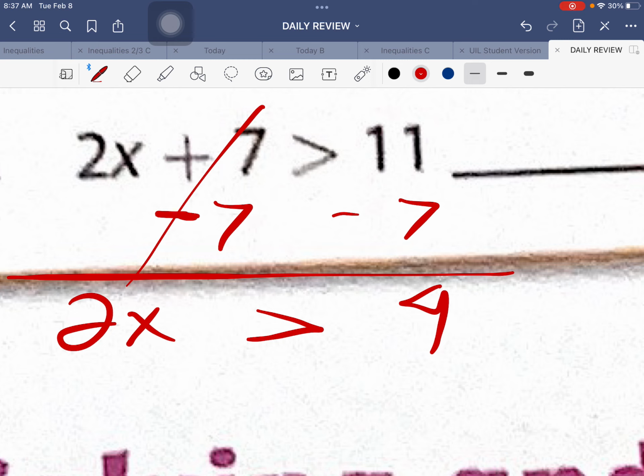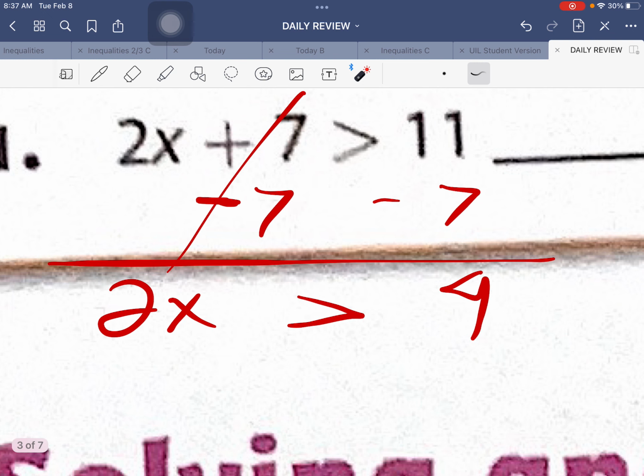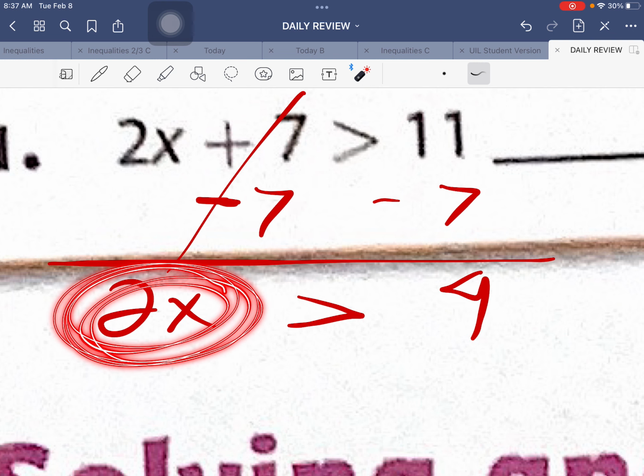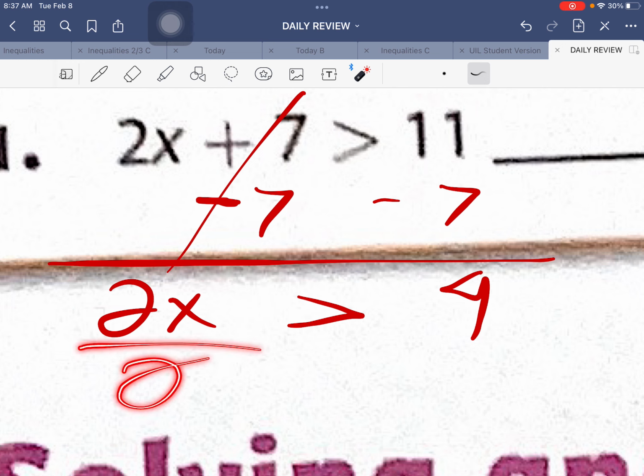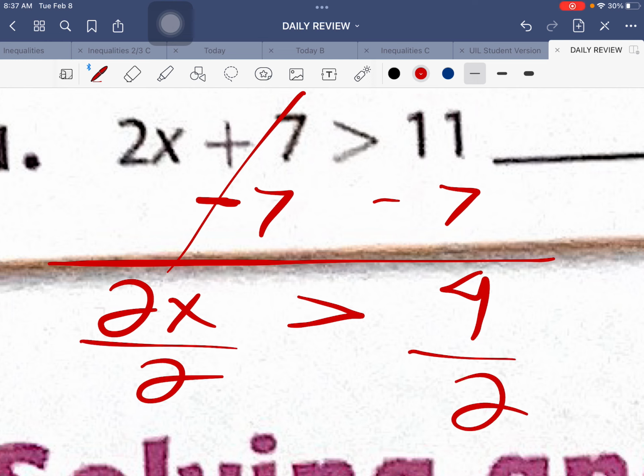I keep forgetting that. Now, what are these two doing? Multiplying. What's the opposite of multiplying by 2? Dividing by 2. So let's go ahead and divide by 2. And what I do to one side, I have to do where? Other side.